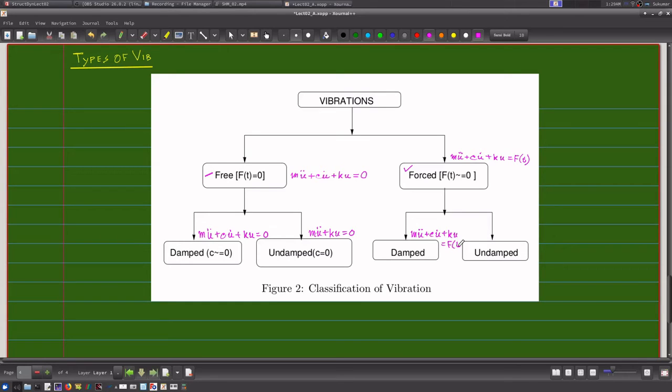If my force is periodic, then I will have a periodic function in place of Ft, and if it is undamped, then I will have mu double dot plus ku equal to Ft.